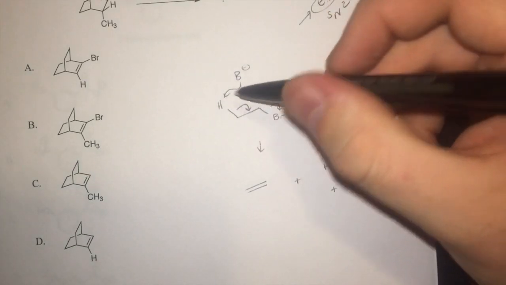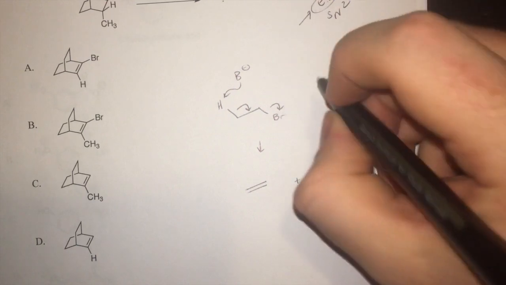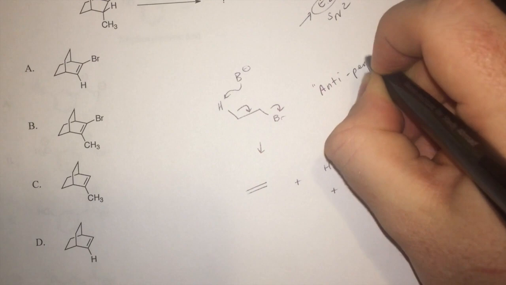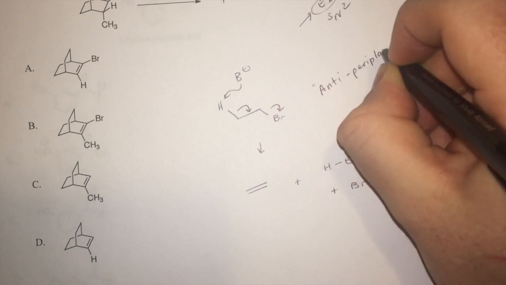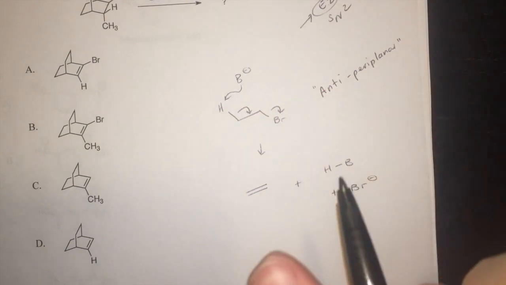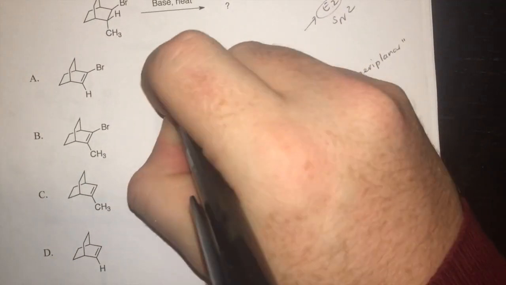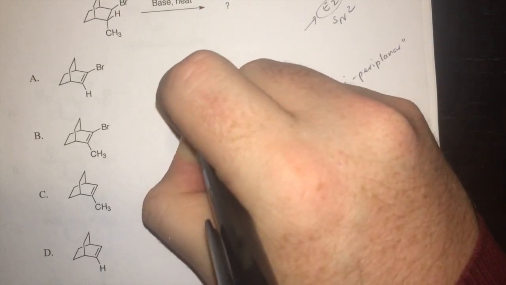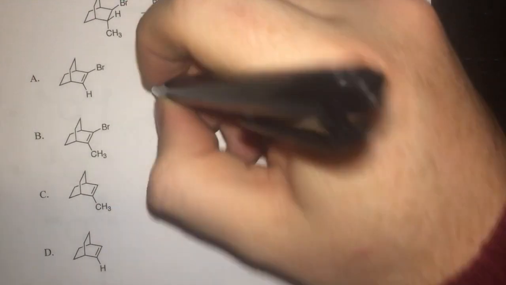Before this can happen, this hydrogen and this bromine need to be what is known as anti-periplanar to one another. That means they have to be in the same plane but pointing away from one another. If you look at it like a Newman projection, the bromine has to be, let's say, there, and the hydrogen there. They need to be in the same plane, right?